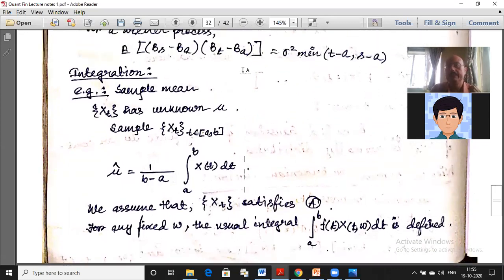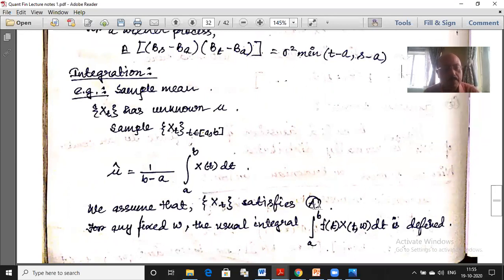So again, as I said, we have that group of assumptions A. So we assume that our stochastic process that we are studying satisfies all the assumptions in A. For any fixed omega, if I am fixing the sample path, then I have the usual integral defined in the usual way.